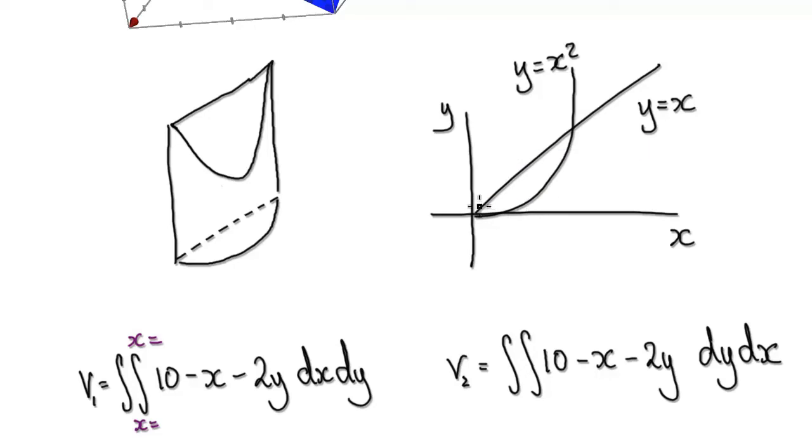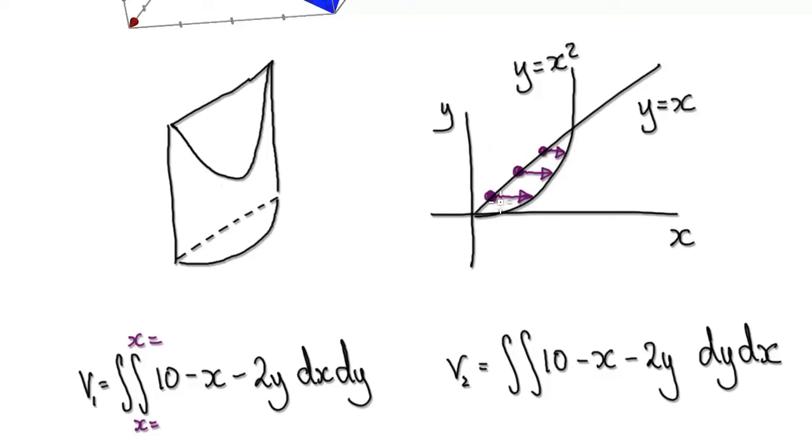So we have to start. Well, we start here, and then we move along, and then we stop here. So we start here, and then we move along until we get here.